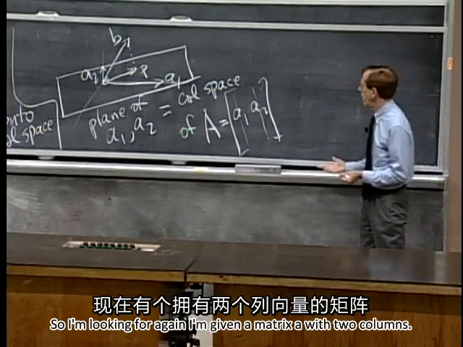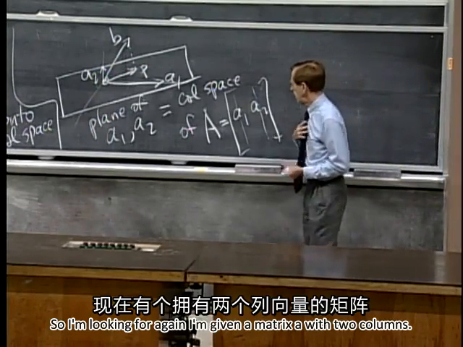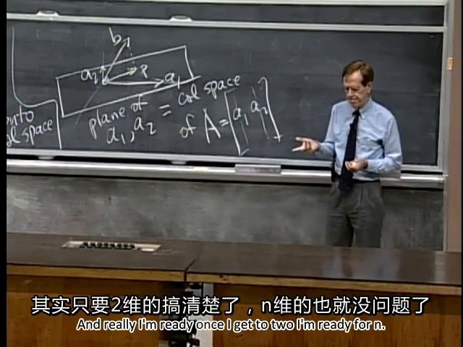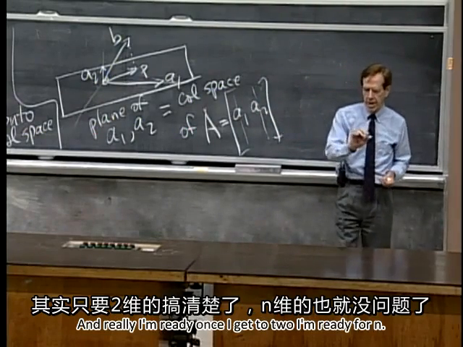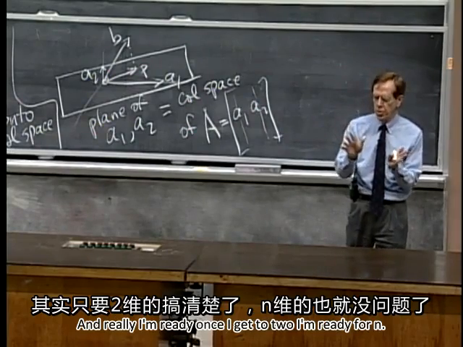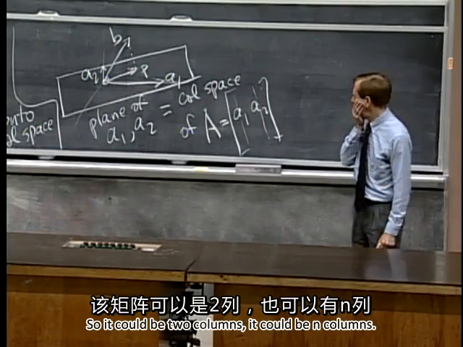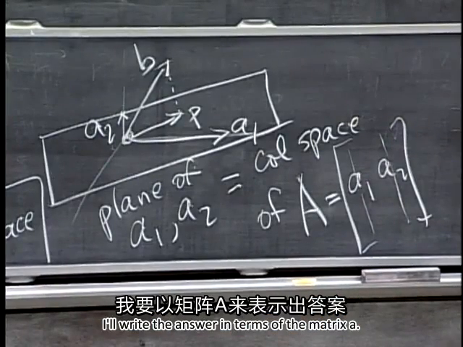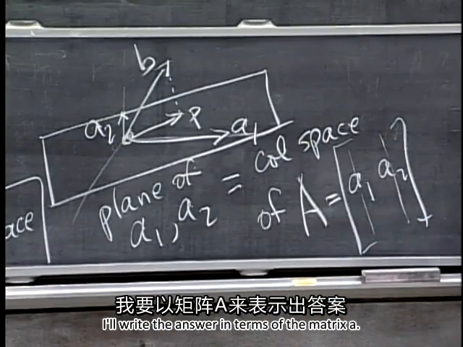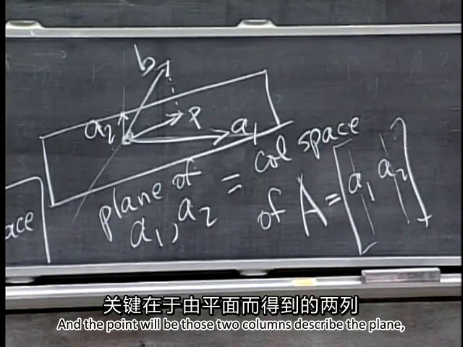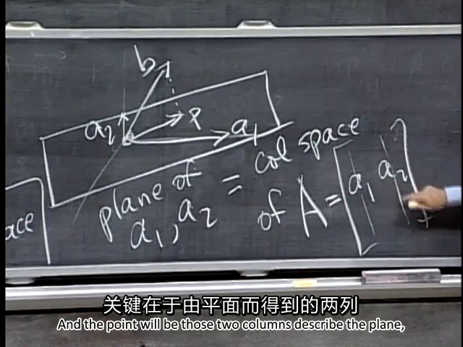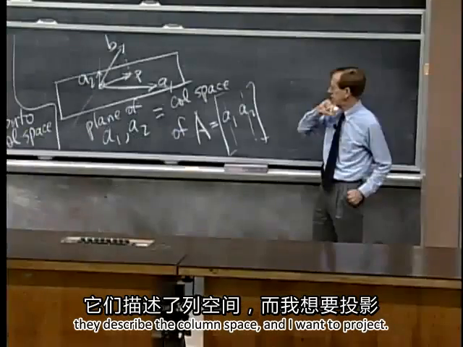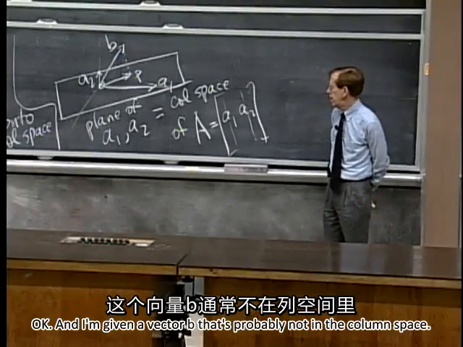So I'm looking for, again, I'm given a matrix A with 2 columns. And really, once I get to 2, I'm ready for n. So it could be 2 columns, it could be n columns. I'll write the answer in terms of the matrix A. And the point will be, those 2 columns describe the plane, they describe the column space, and I want to project.